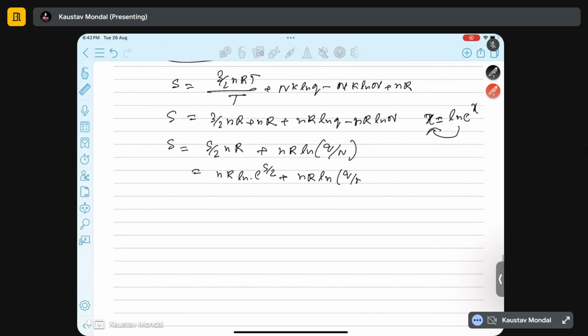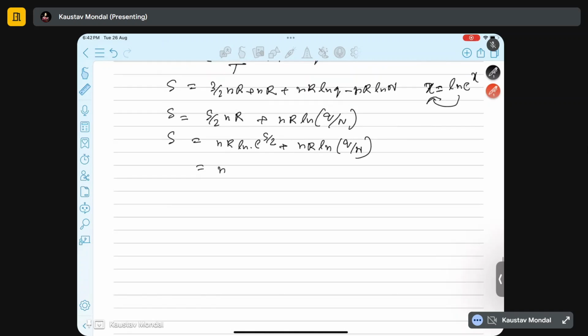So it becomes nR ln of e to the power 5 by 2 into Q by n. Now, this is the entropy expression.